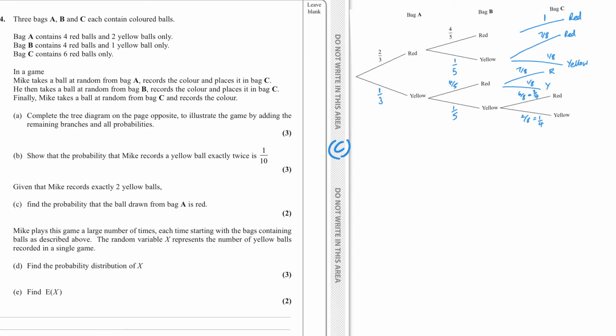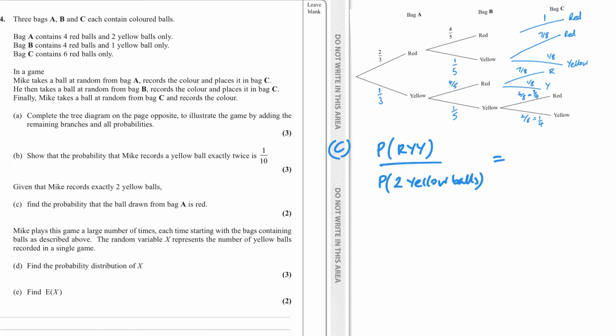So next part here, part C, probability that the ball drawn from bag A is red, given that there were exactly two yellow balls. So we're looking for the probability that it is red, yellow, yellow, and it's a given that it was a probability of 2 yellow balls.